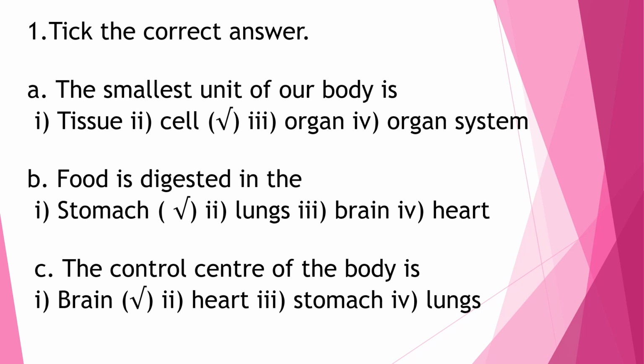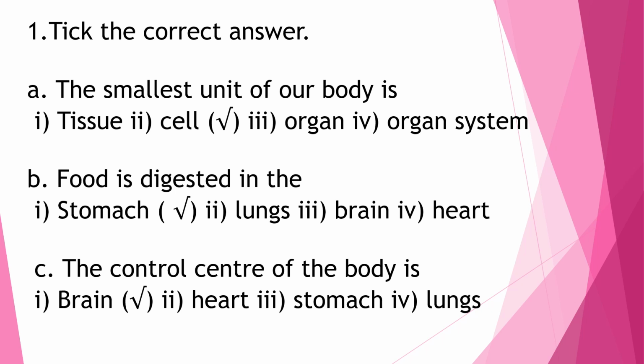The first sentence given is, the smallest unit of our body is, and the options given are tissue, cell, organ, organ system. Children, the question asked is, we have to name the smallest unit of our body, and the smallest unit of our body is cell.